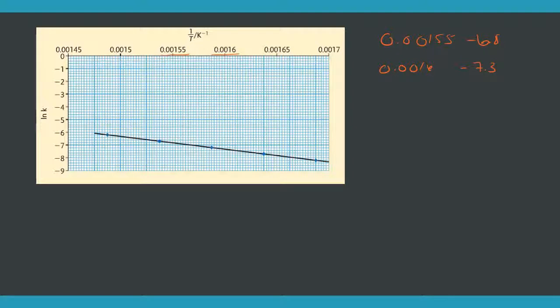And I'm going to do fall over run. So that means negative 6.8 minus a negative 7.3 to find that change. This is my change in ln of k.